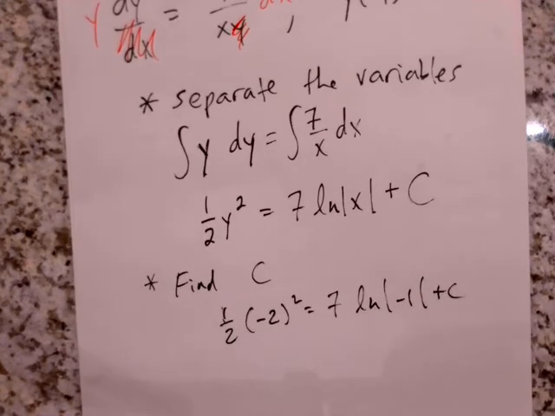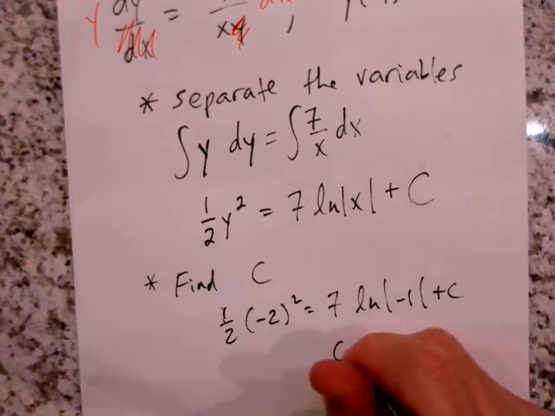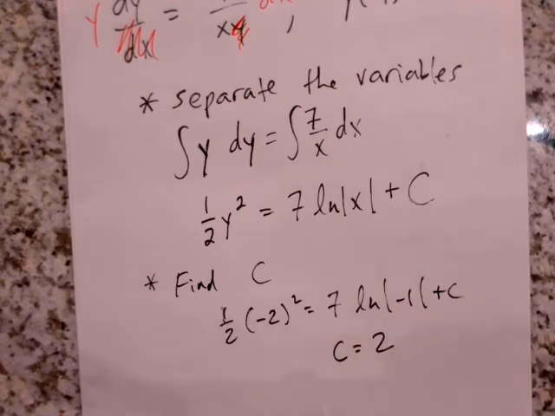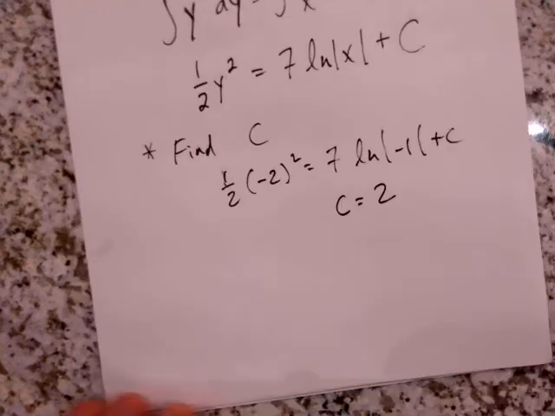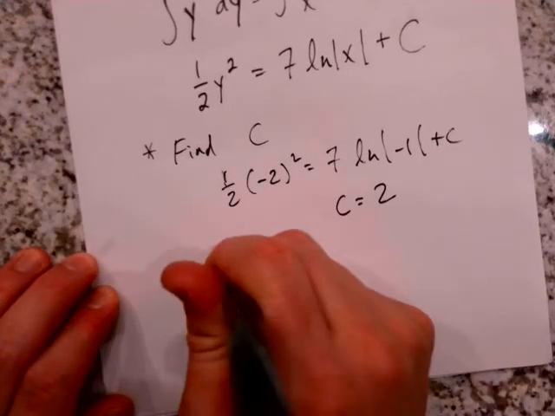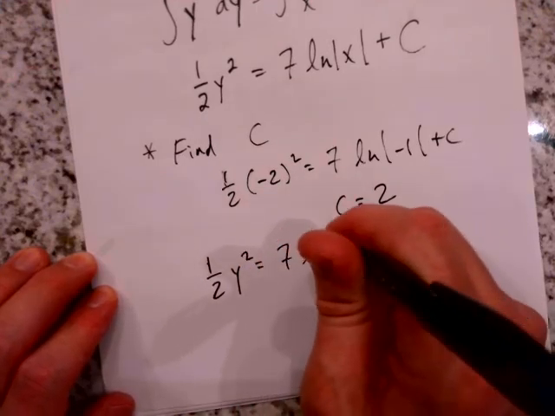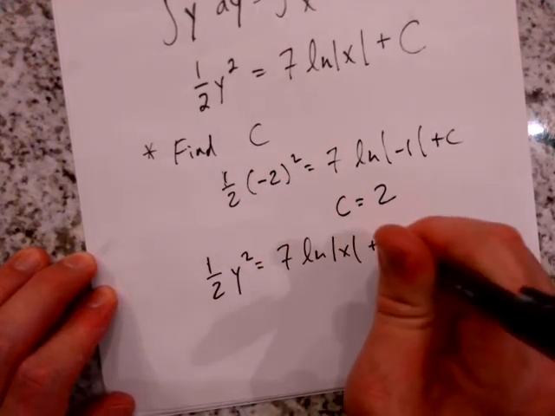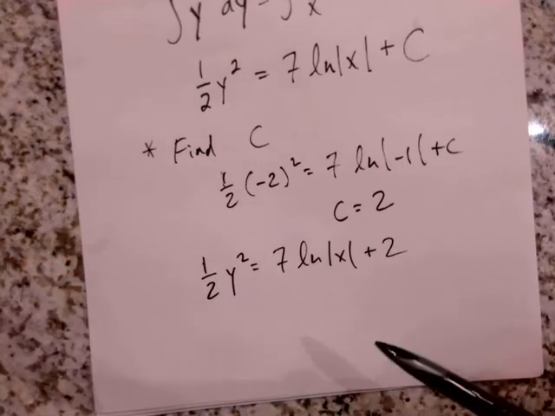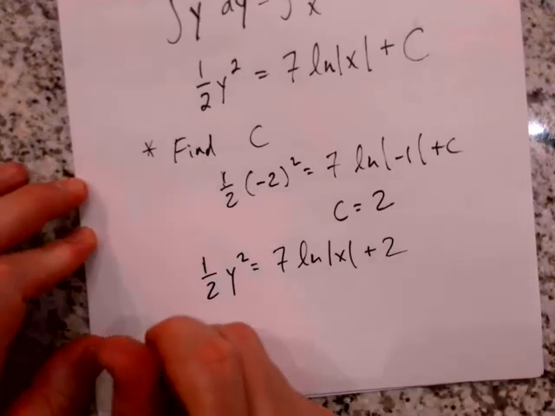This one's actually kind of nice, because log of 1 is 0, which means c is just 1/2 times -2 squared, which means c is 2. So we plug that in. 1/2 y squared equals 7 log absolute value of x plus 2. And now we want to solve for y.